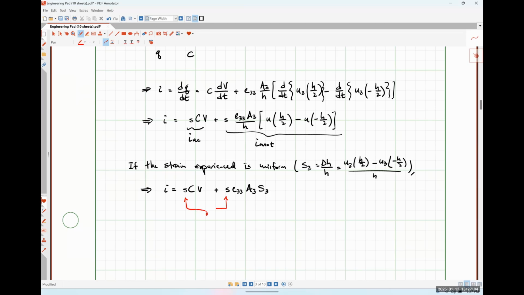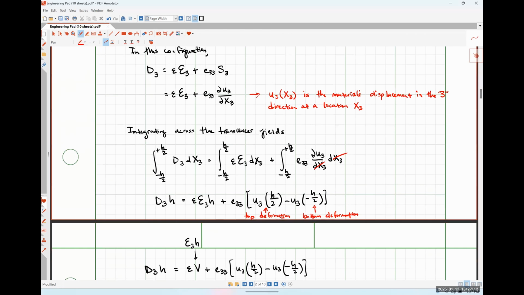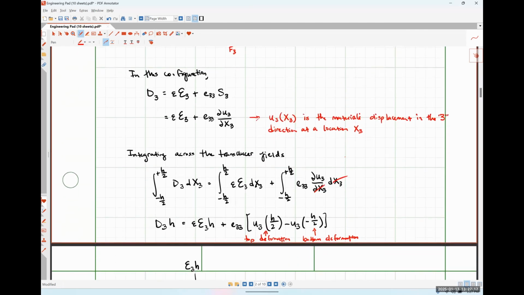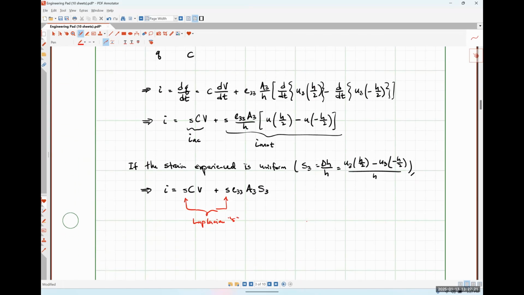And I am going to make a note here at the end that this is the Laplacian S, because earlier I said that lowercase s was the term for the compliance matrix in a different thing, and I want to be clear about what it is that we're talking about here. So at this point, we're talking about the Laplacian operator S, or that'd be the natural frequency. Anyway.